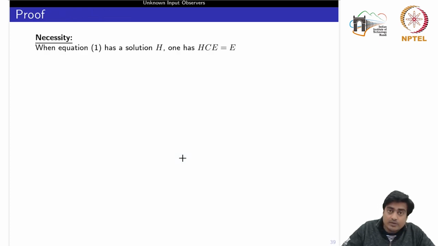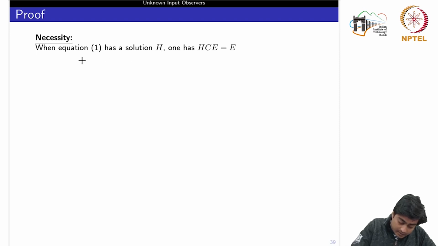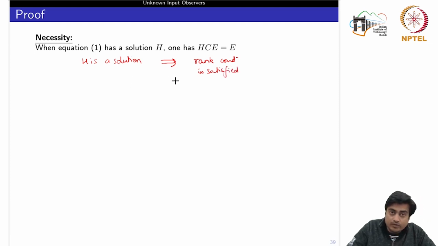Again, there are two parts of this proof. First is the necessity and another is the sufficiency. So we say that there is a solution H, and let's say H is a solution, which implies that the rank condition is satisfied. First we will see this part of the proof, the sufficiency part, that if the rank condition is satisfied, it implies that H is a solution.